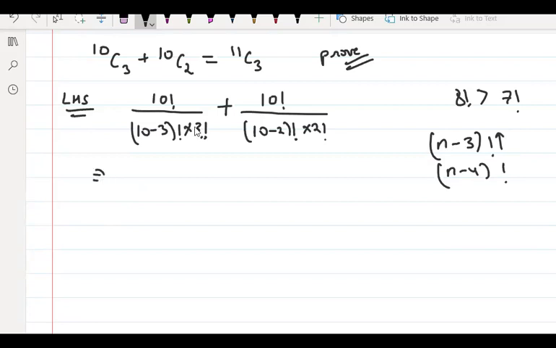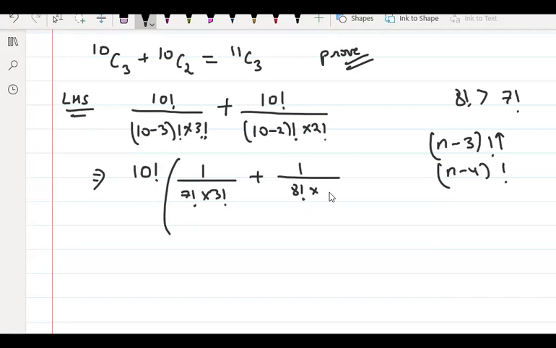Now see this. Can I take 10 factorial common from the numerator? I'll be left with 1 divided by 7 factorial into 3 factorial plus 1 by 8 factorial into 2 factorial.